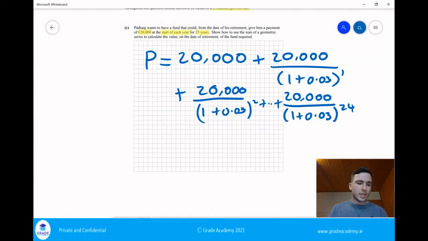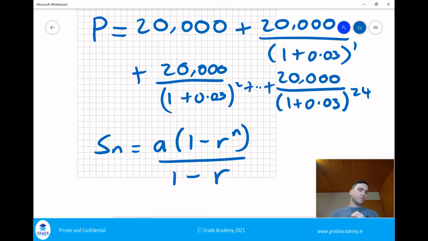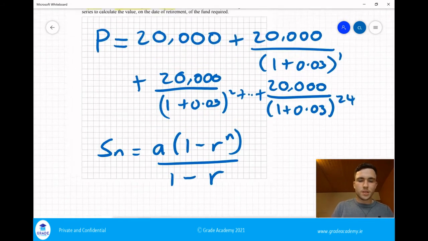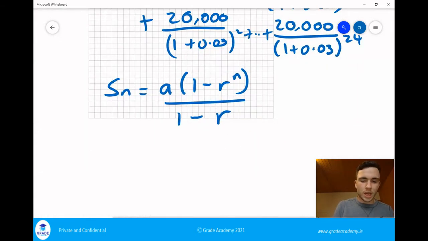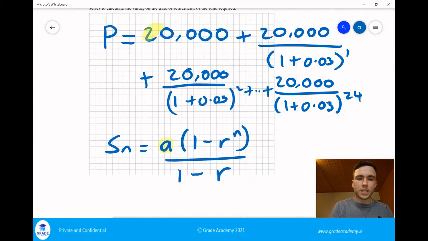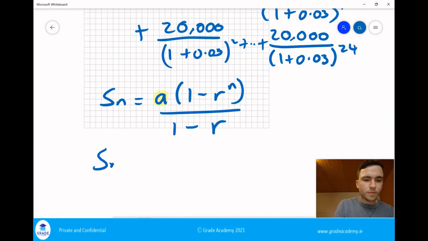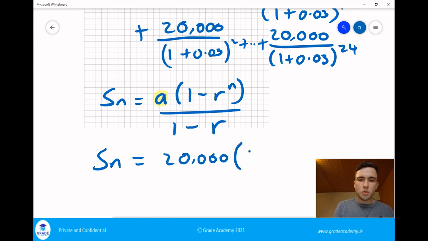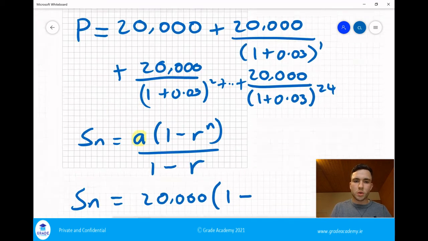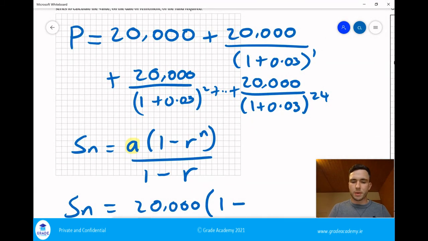Okay, so now we need to use the sum of a geometric series formula to calculate this. So I've just written down the sum of a geometric series formula, and we're going to have a go at filling this in. So what is our a? Our a is our first term, so our a is going to be 20,000 euro. So Sn is going to equal 20,000 times (1 minus r to the n). What are we multiplying by each time?